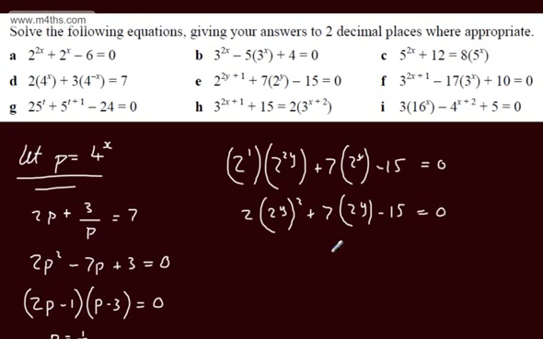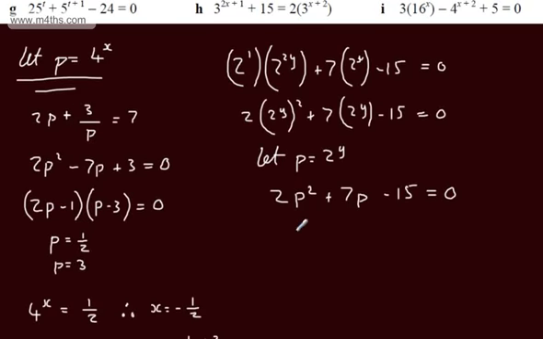Again, if you don't want to factor that as 2 to the y, we'll write let p be equal to 2 to the power of y. So we have 2p squared plus 7p minus 15 is equal to 0. That's going to give me a quadratic, and we're going to have now, what's that going to be? 2p minus 3, and then we're going to have on here, what's that, p plus 5? Let's see if that works.